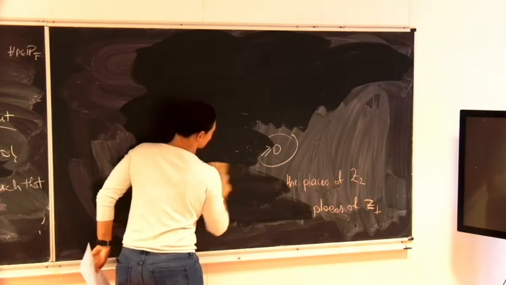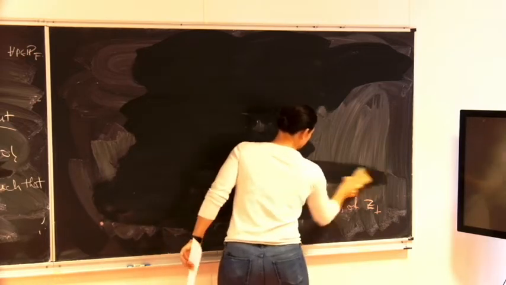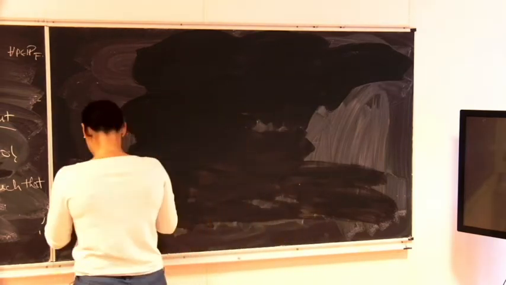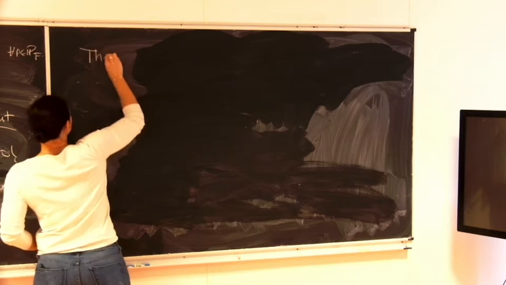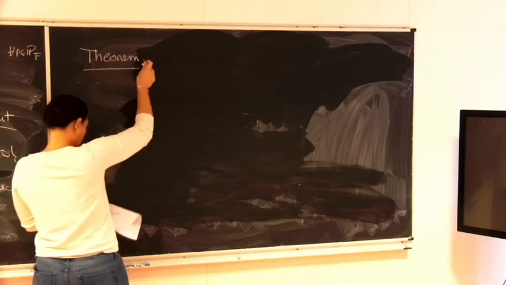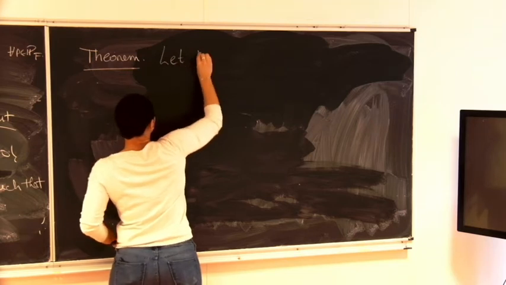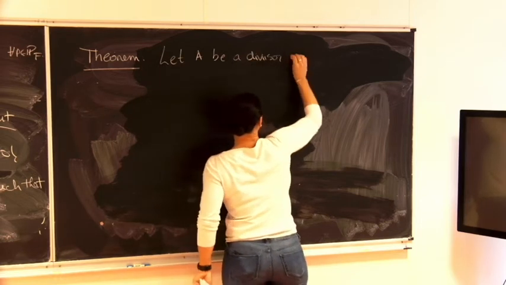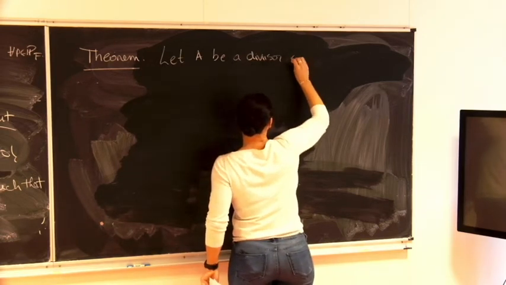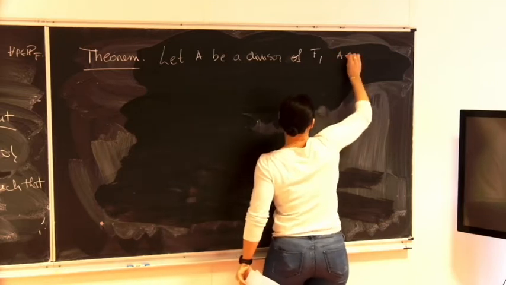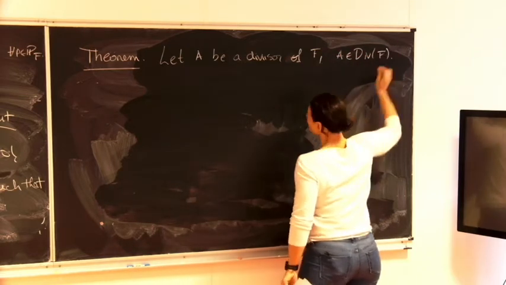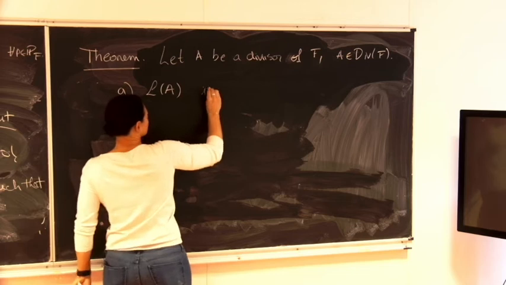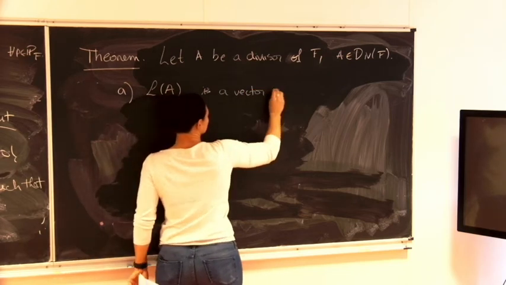Why am I calling this set a space? It's because the Riemann-Roch space is a vector space. So the theorem is: let A be a divisor of F, that is, A belongs to the divisor group. The first thing is that the Riemann-Roch space is a vector space over F_q.